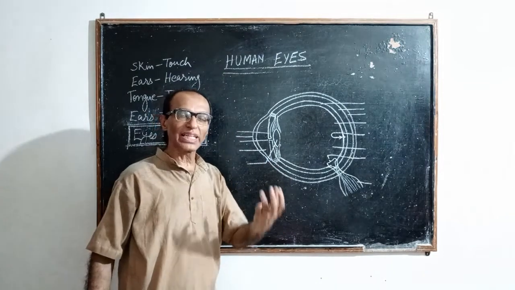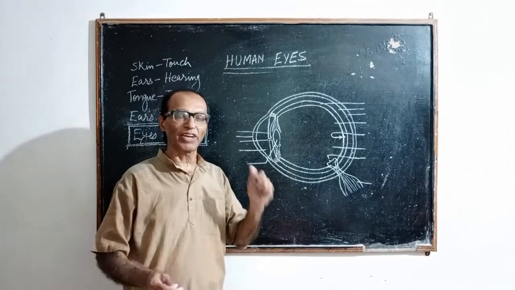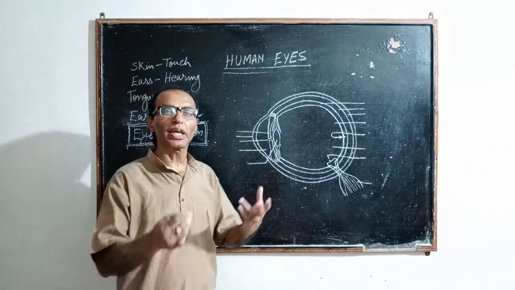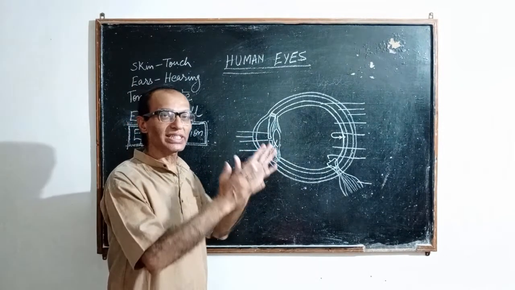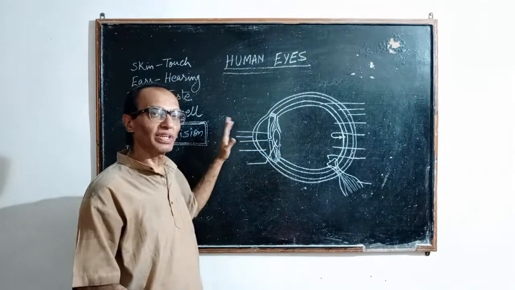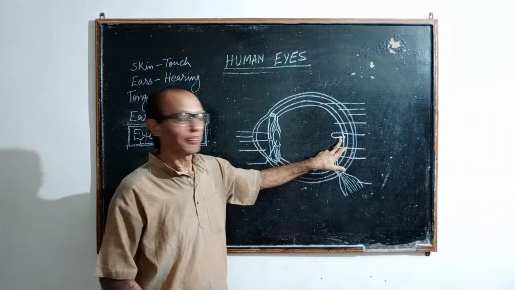The convex lens that we find in the labs doesn't change its focal length; it has a definite focal length. But in this case, this lens has the ability to change its shape, its thickness, and its focal length, so that whatever object is kept in front of the eye may get focused on the retina.